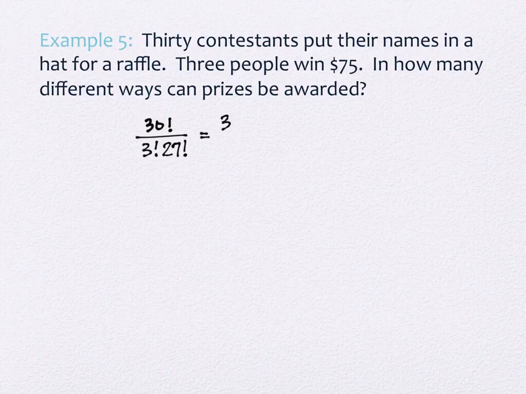So we can write out again 30, 29, 28, and 27 factorial. And I can have my 27 factorial at the bottom. And then I need to write out the 3, 2, 1. So 27 factorials cancel. The 3 and the 2 are much smaller than what's on top, so you can cancel them out piecewise if you wish, or you could join them together and realize, oh, 3 times 2 is 6, and cancel that out together.